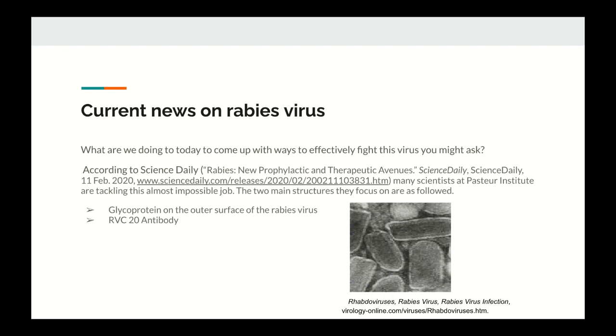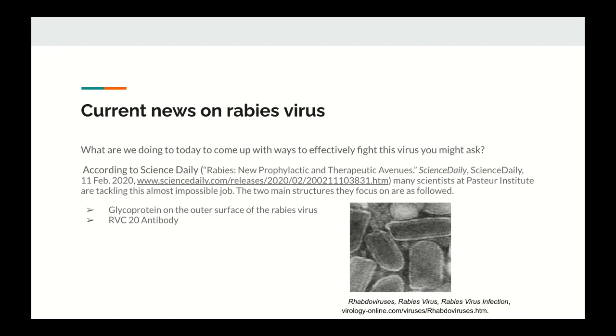As we know, the glycoprotein G is responsible for the entry of the virus into the host. No structural data are available for this surface glycoprotein. Researchers from the virology unit at the Institut Pasteur and the neuropathology unit at the college have found that the antibody RVC20 recognizes and binds to the G protein.